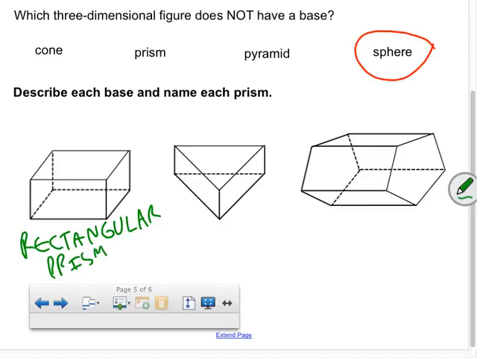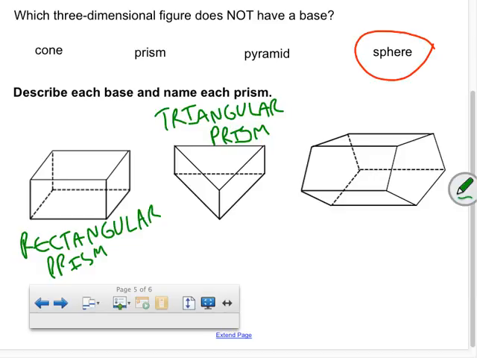Okay, who's got this middle one right here? First of all, tell me what the base is. What's the shape of the base? Yes. Triangle. Right, it's a triangle. And what's the three-dimensional figure then? A triangular prism. Okay, and then the last one. Who can tell me what this shape is?